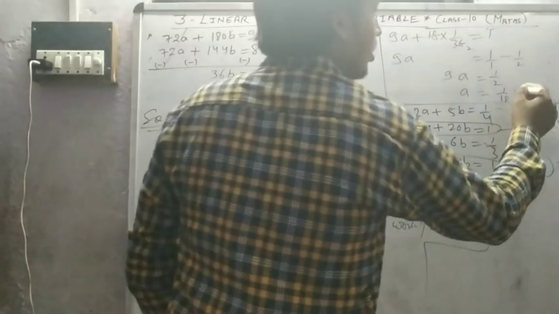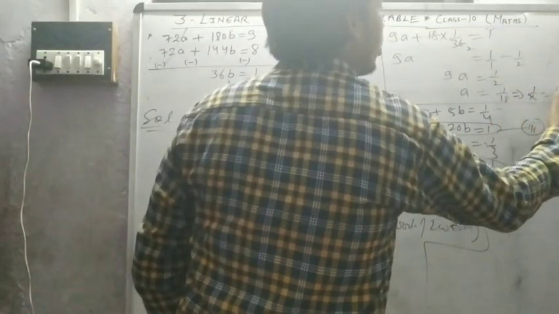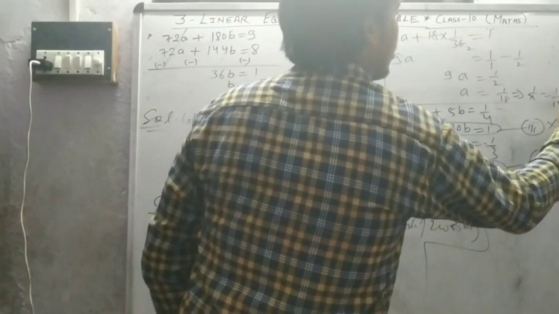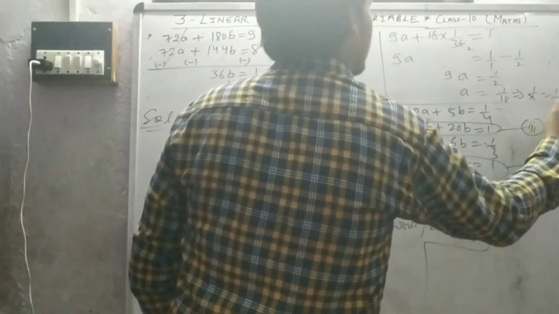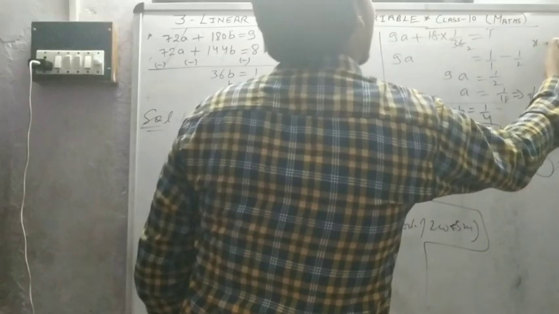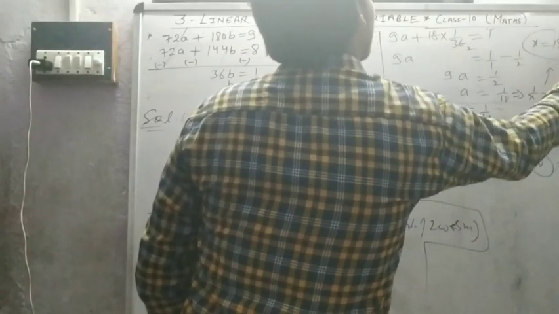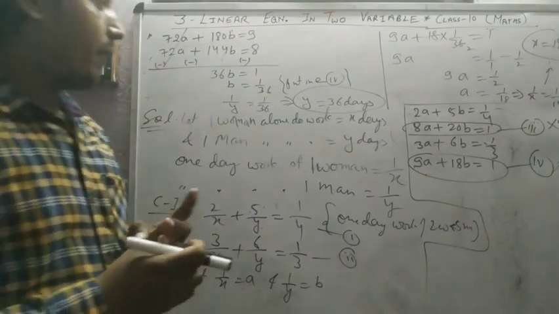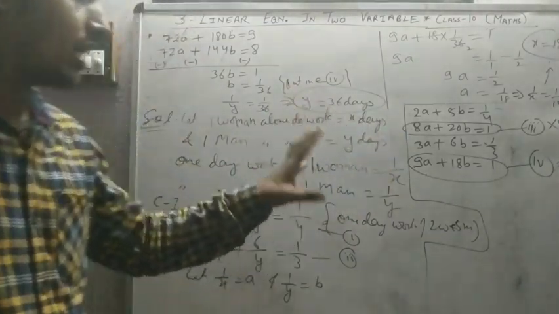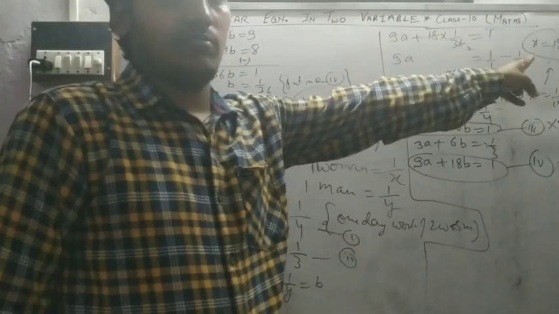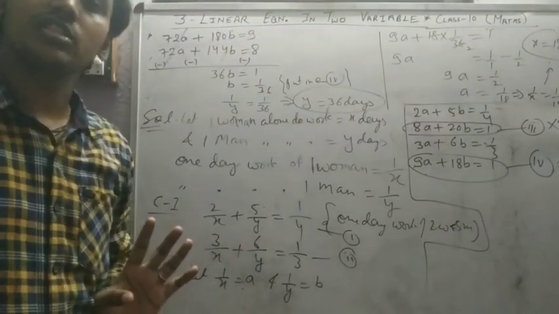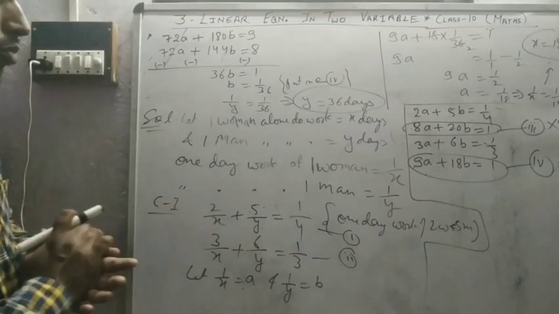That means 1 upon x is equal to 1 by 18, so x is equal to 18 days. One woman alone does the same work in 18 days and one man alone does the same work in 36 days. That is a time and work problem.